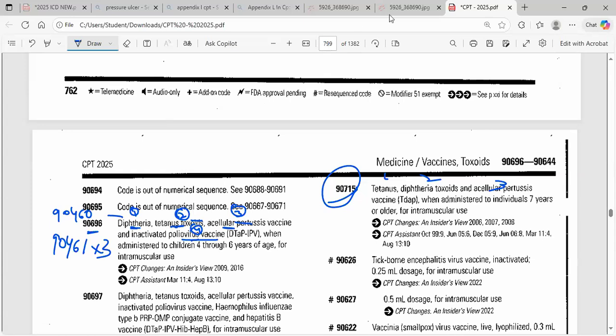So we will start with the radiology. Let me start with the radiology. So the radiology section is 7 series.